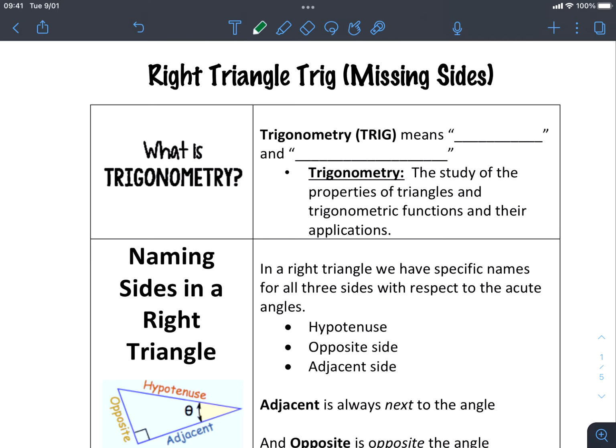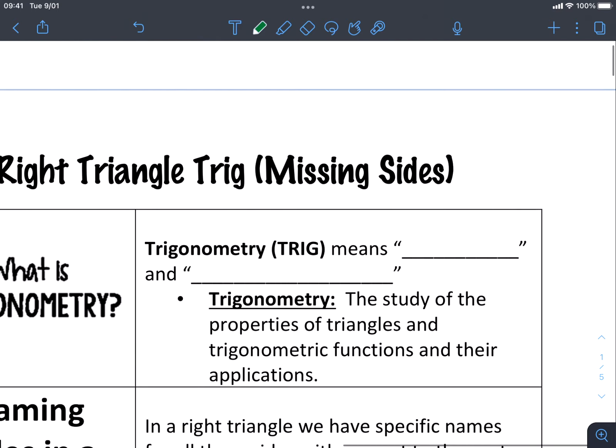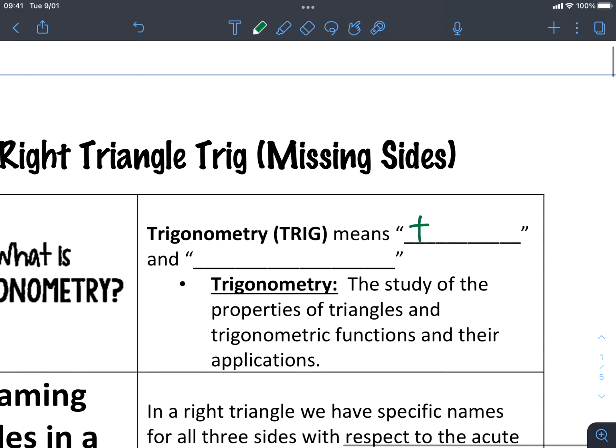Trig represents triangle, right? And the metry part of trigonometry just means measure. So it means triangle measure, okay? And that's exactly what we're doing.